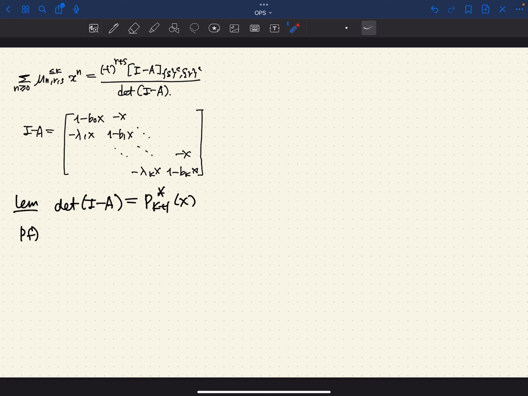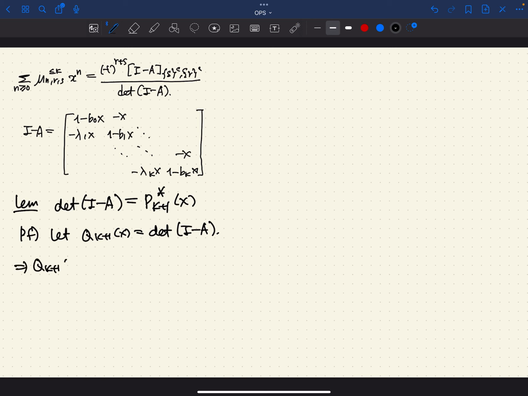So let q_{k+1}(x) be the determinant of this. We can expand the determinant along the last row or last column, and then we get this recurrence.